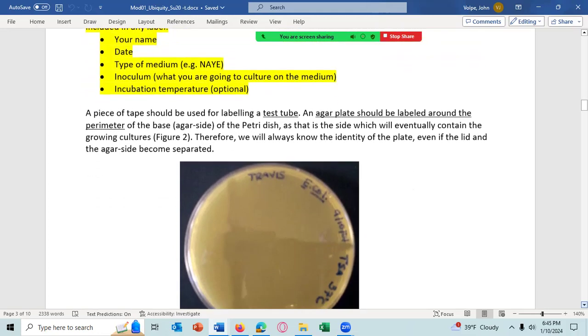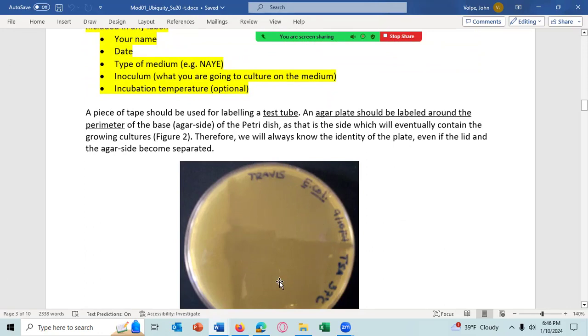Usually you write on a test tube by writing on the tape and then sticking the tape to the test tube. On a Petri dish, you usually write on the bottom of the plate, on the edge of the bottom.